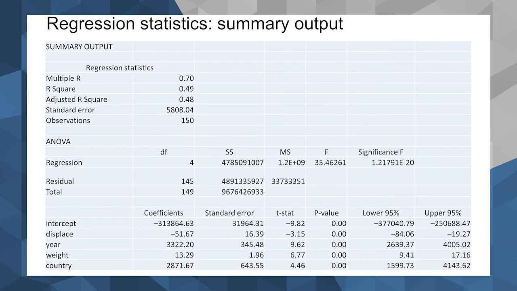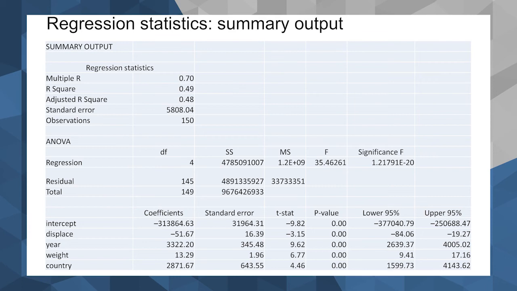So as long as the t-stats are outside of that range, which they all are, minus 3.15 is one extreme, 9.62, 6.77, 4.46, they're all bigger than 1.96 or smaller than minus 1.96. Again, all coefficients are significantly different from 0. That's very good. We've got a good regression. So in a nutshell, that's the output, and that's how we test the quality.